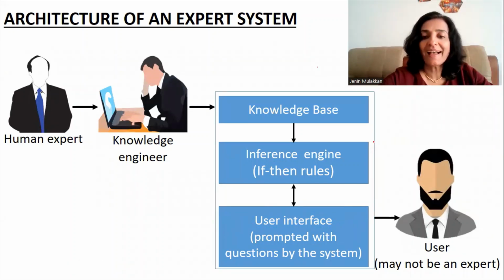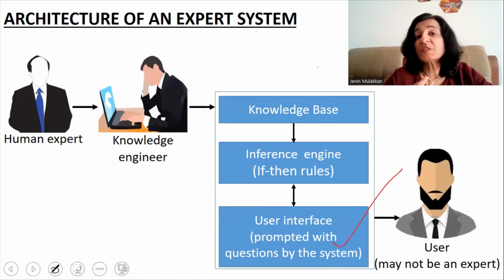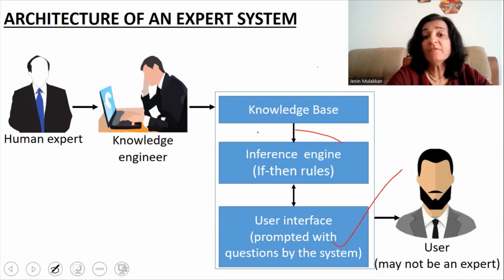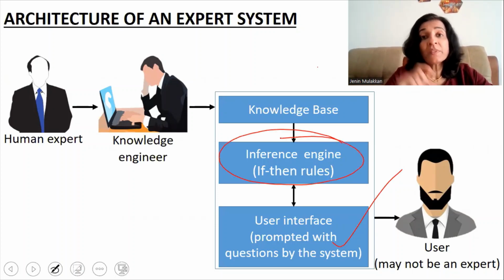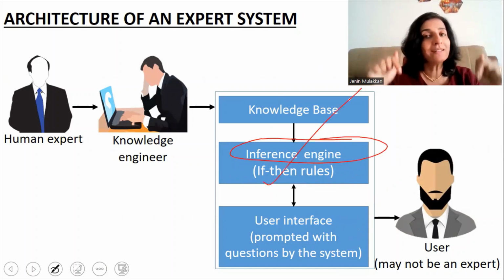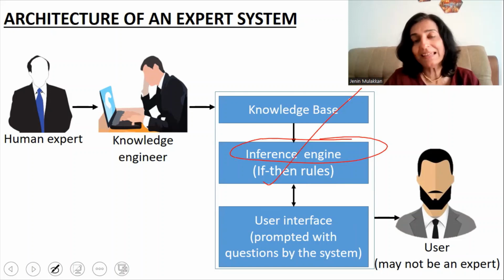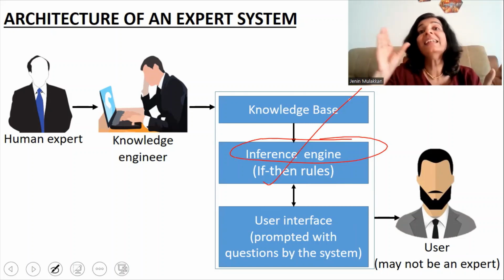Once the user answers all the questions posed by the system, then the inference engine will come to play, and it uses the if-then rules. Now, in this context, if-then rules means that if the patient has got such and such symptoms, then this is the disease that the patient has.